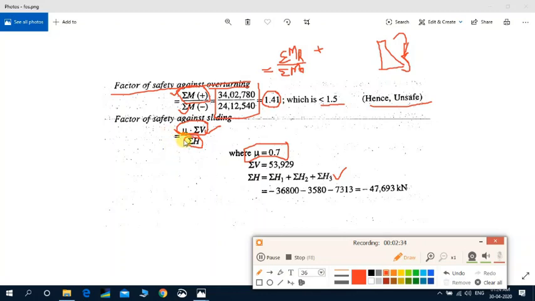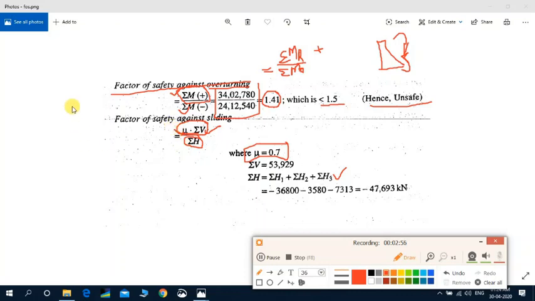That's all for now. This is the hydraulic design of a gravity dam with the help of an illustrative example. I tried to simplify this example by taking only the major forces.